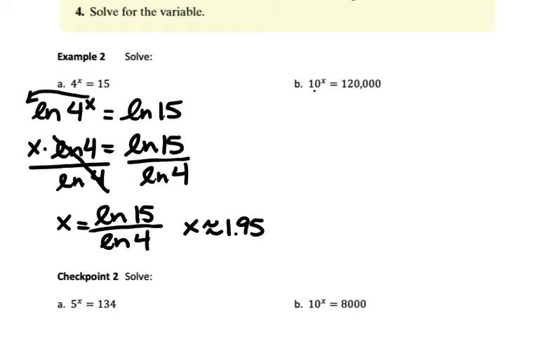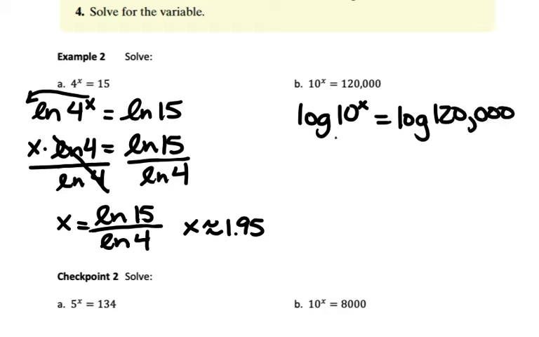For part B, we have 10 to the x equals 120,000. So now, since it's base 10, I'm going to use common log. So log of 10 to the x equals log 120,000. So basically you're just doing log or natural log of both sides of the equation here.